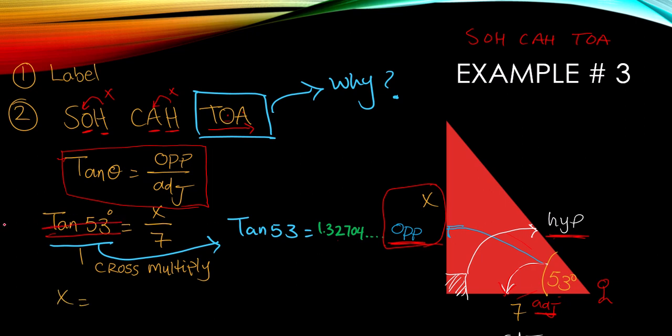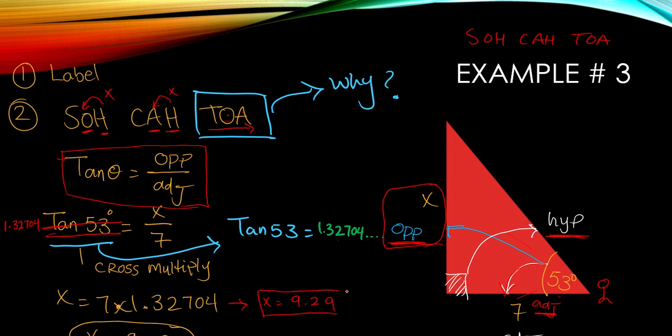Instead of tan 53, I'll write 1.32704. So cross multiply: it will be 7 times 1.32704, and that is equal to x, which is 9.29. That is your opposite side.